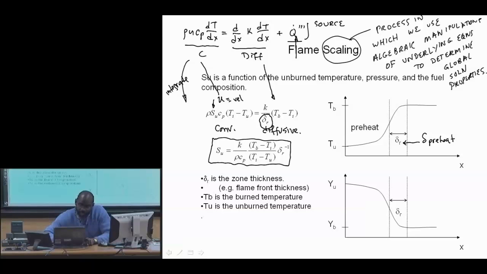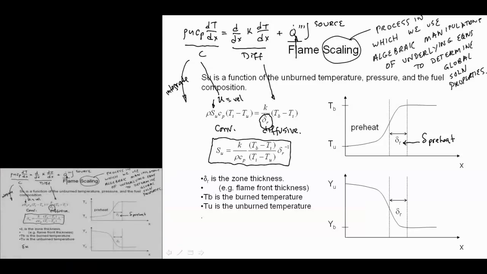So to just invert this, I would have delta over here, because this is 1 over delta. It looks like alpha over S sub U, and this factor is basically 1: T burned minus T ignition over T ignition minus TU.